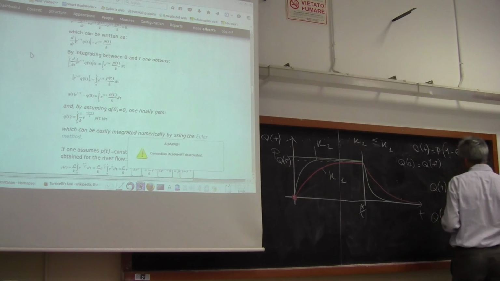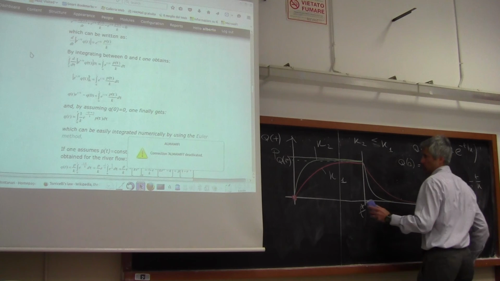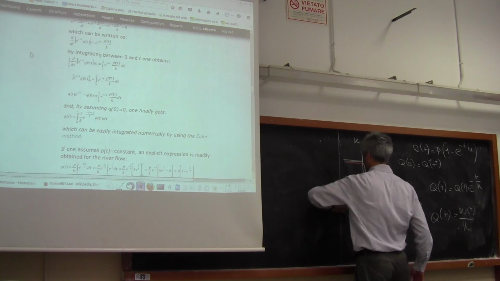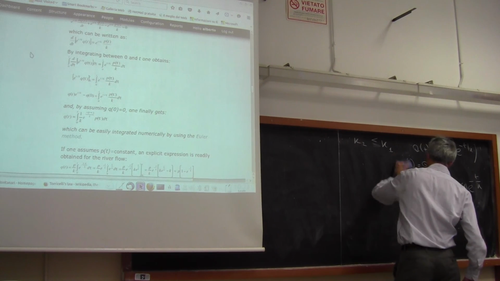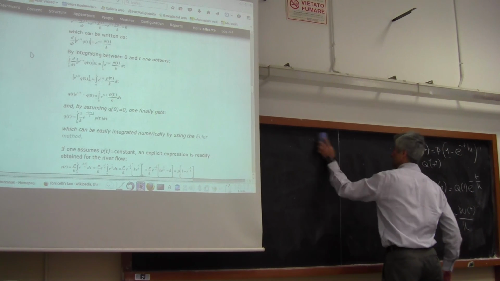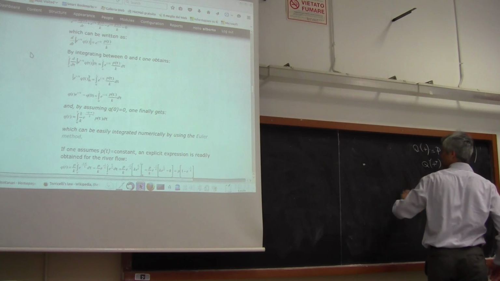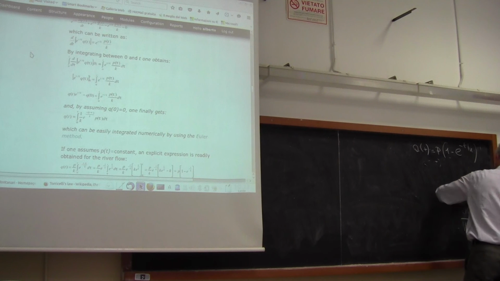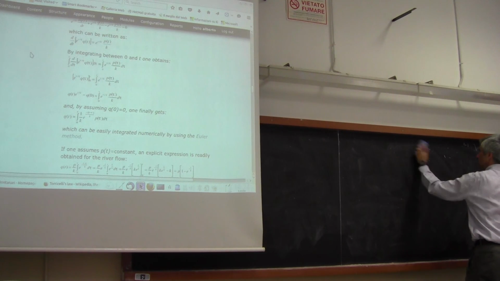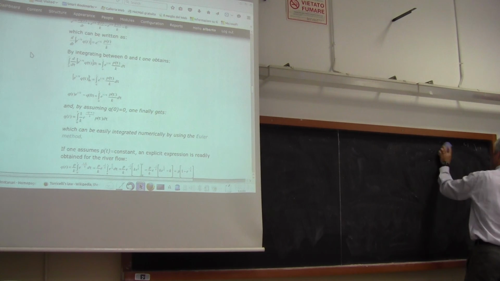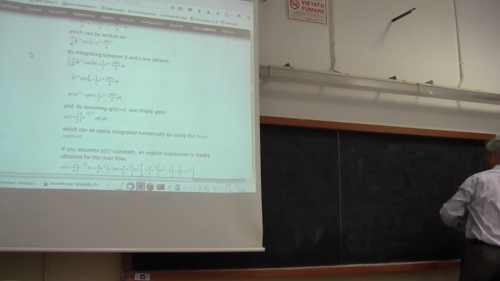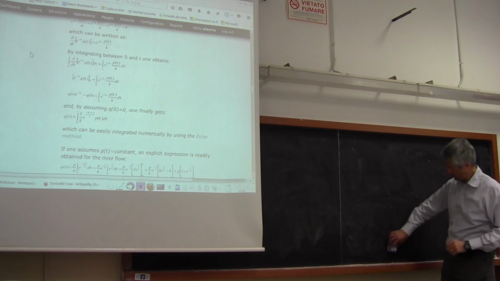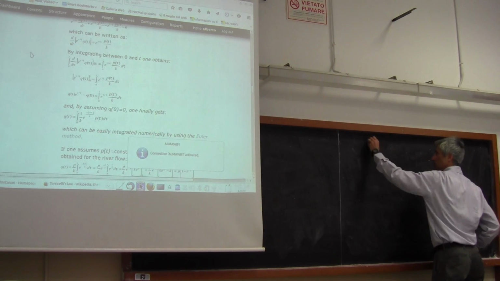So how can we calibrate the parameters for a model? Model calibration.